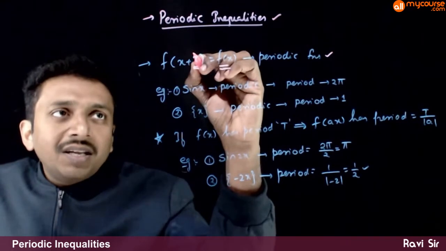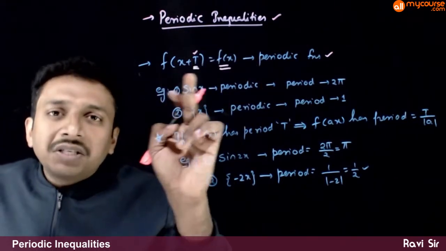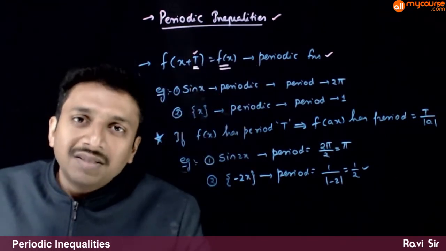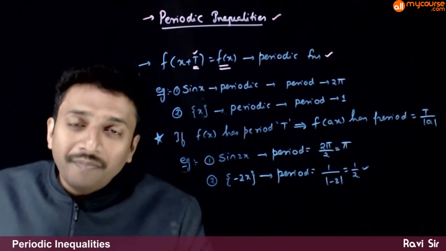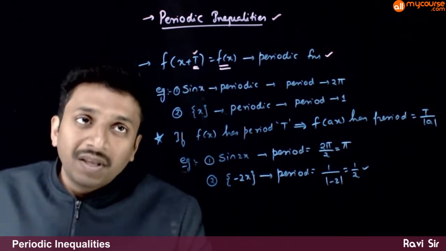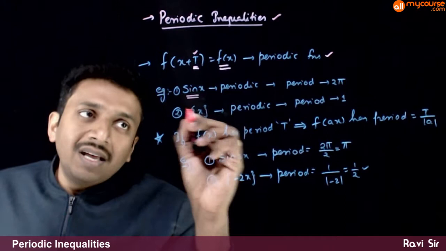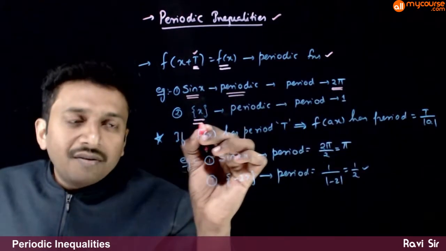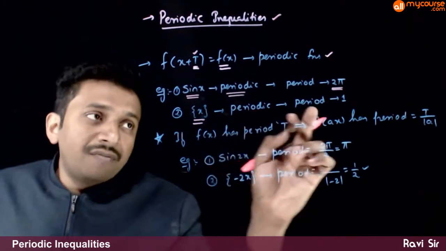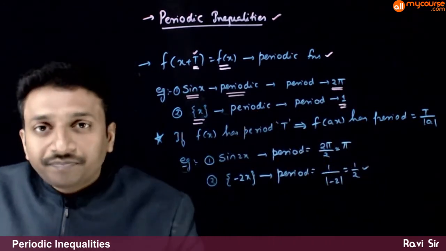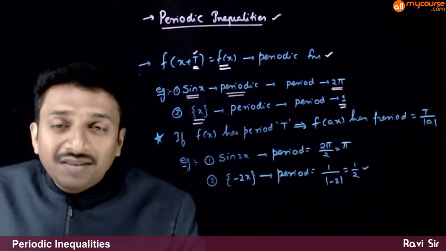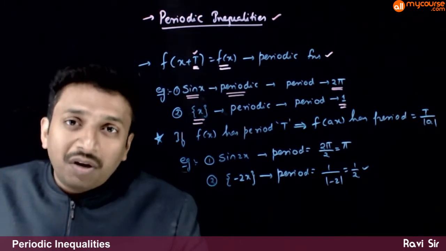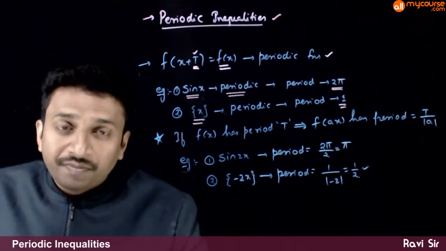So after a certain interval t, the function has to repeat itself. Such functions are called periodic functions. For example, sin x is a periodic function with period 2 pi. Similarly, fractional part of x is a periodic function with period 1.